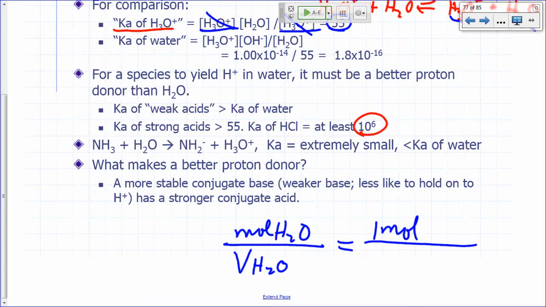A mole of water is how many grams? 18 grams. And how many mils does an 18-gram sample of water occupy? What's the density of water? 1 gram per mil, so 1 mil per gram, right? That is the volume per gram. So what is 1 over 18?